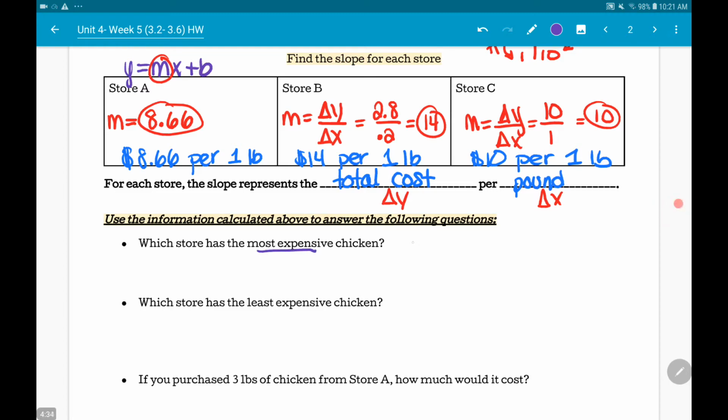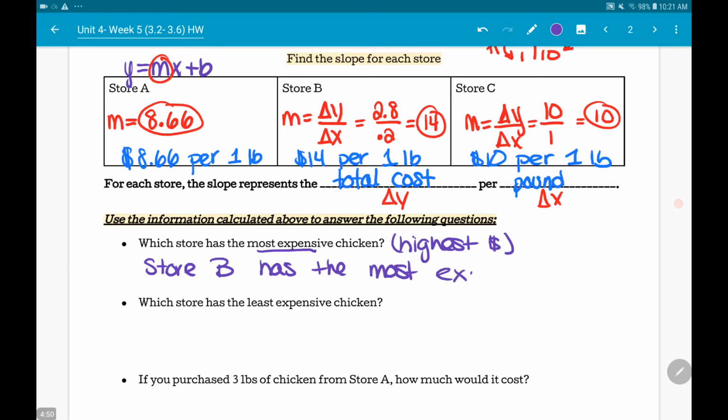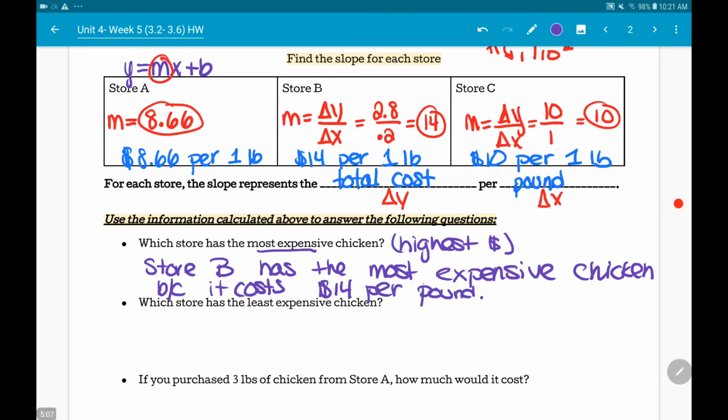And most expensive means highest money. So store B has the most expensive chicken because it costs $14 per pound. Remember, LB is just a shortened abbreviation for pound.